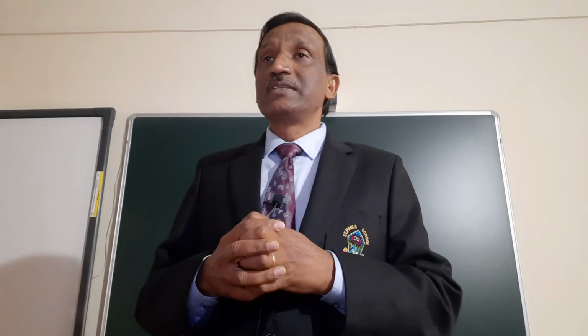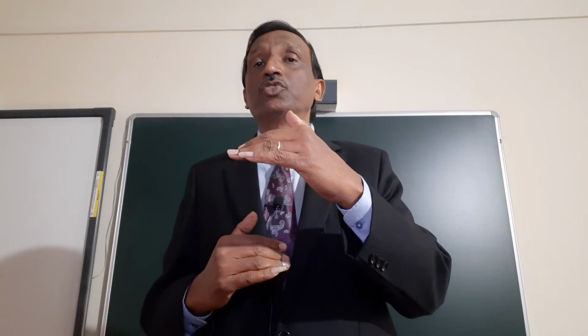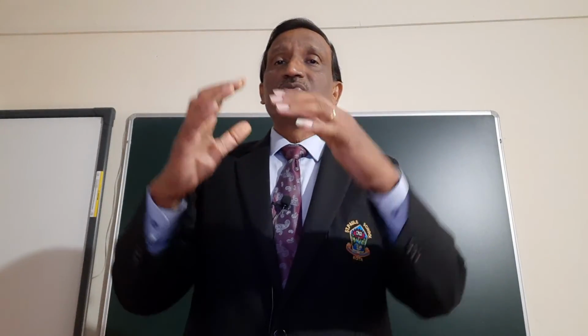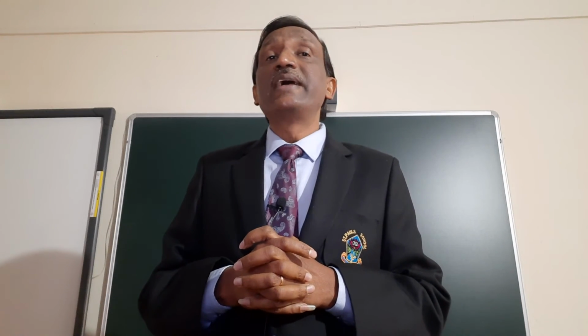Come to the endodermis. Endodermis cells are barrel shaped, like a dholak, cells of such a shape, and they form the inner layer. It separates the cortex from the vascular tissue, and all the things found inside the endodermis are collectively known as stele.